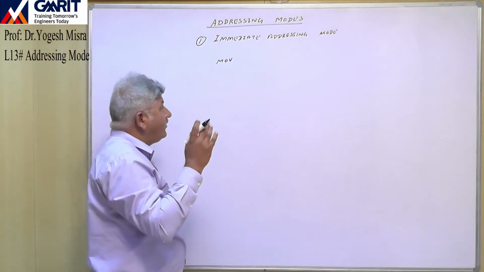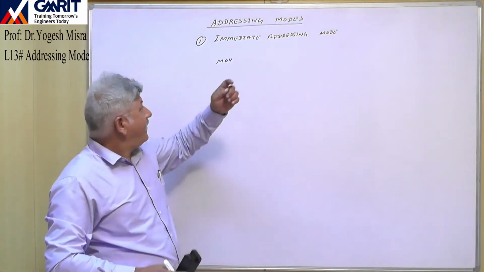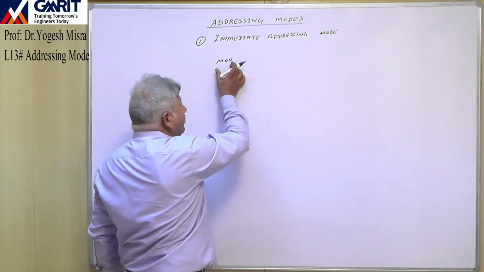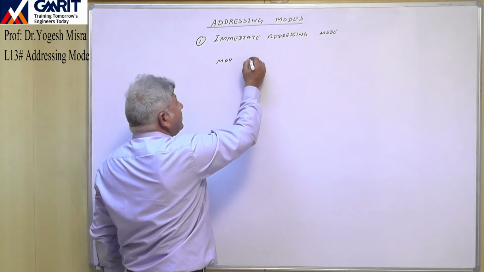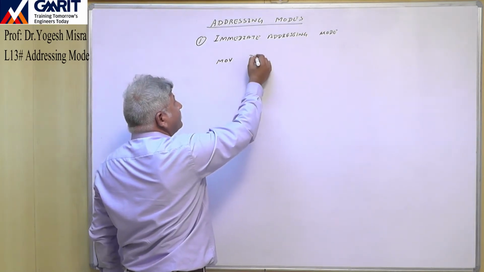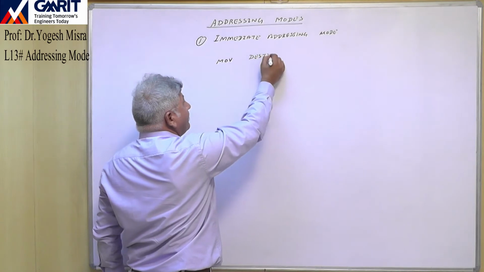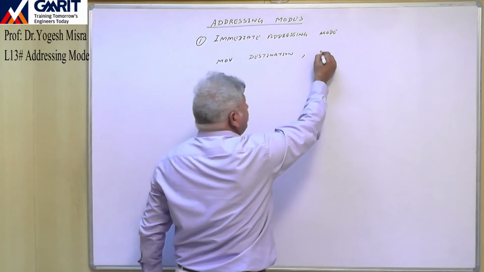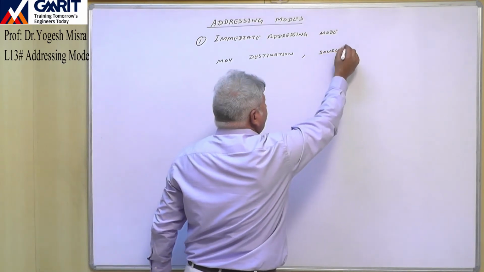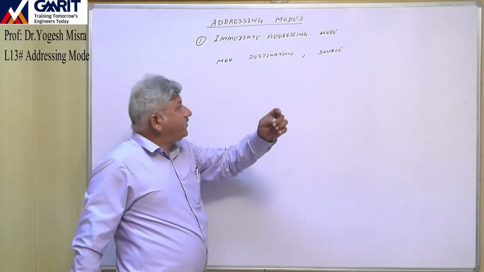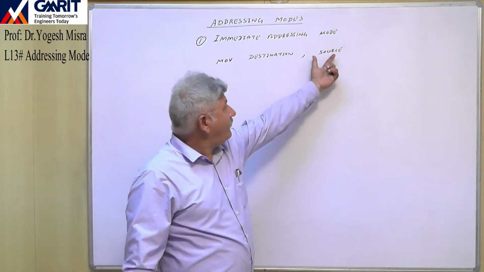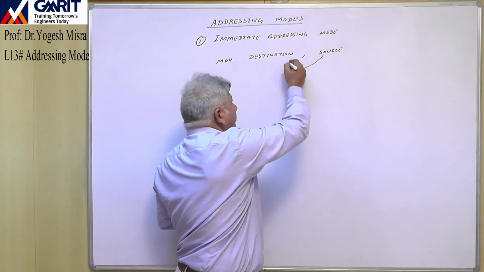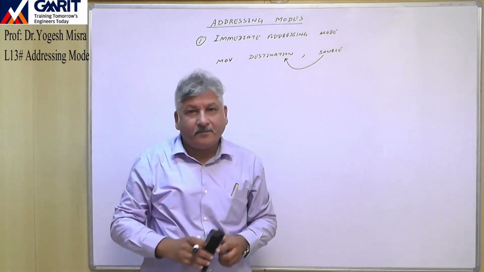We already discussed the move instruction in the previous lecture, but again I repeat, with the move instruction there are 2 parts. One is destination, comma, source. So here the data from the source will be moved to the destination.